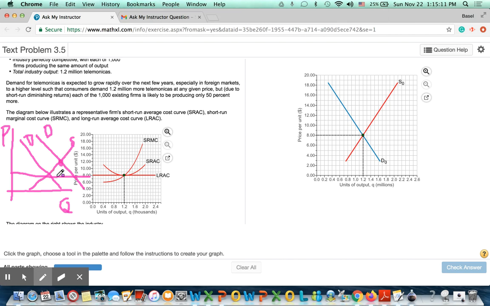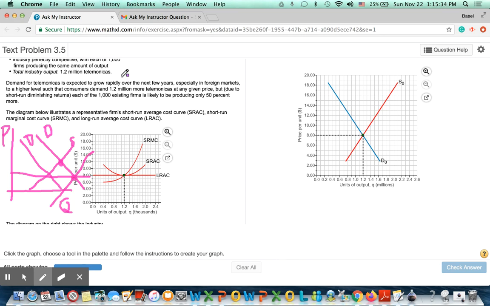However, in the long run, other firms will enter the industry, so the supply will increase, and we represent that by shifting the supply curve to the right. So eventually, we settle at this long run equilibrium.